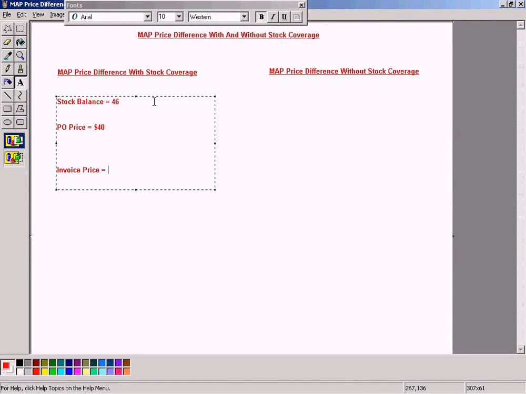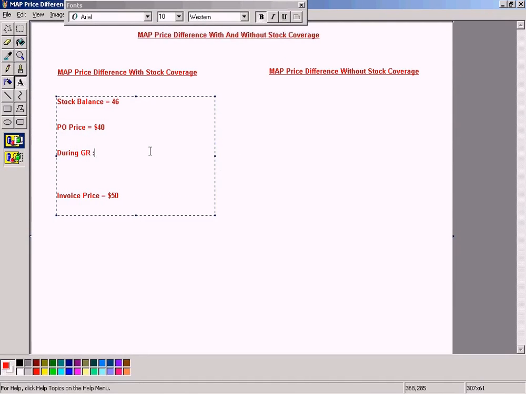Now GR has been done. Now the invoice price is $50. So let us see how the system posted.